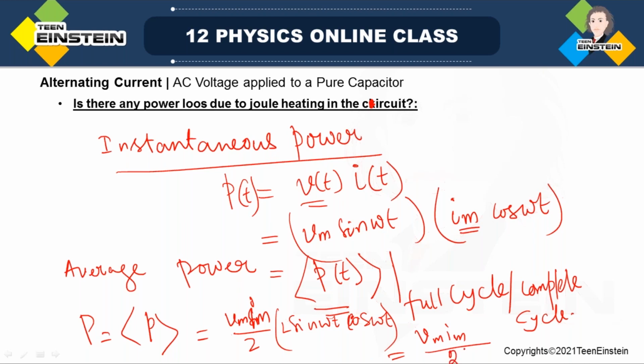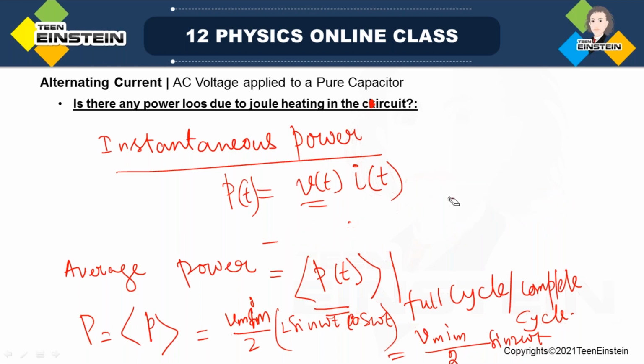So the average power, which is obtained from the instantaneous power by taking the average, will be Vm Im by 2 times the average of this.